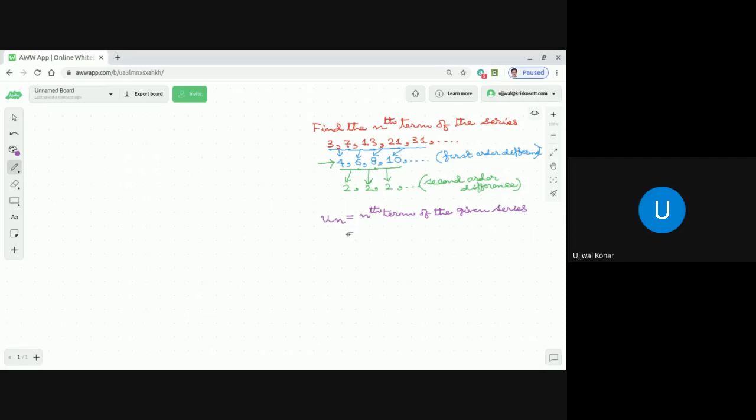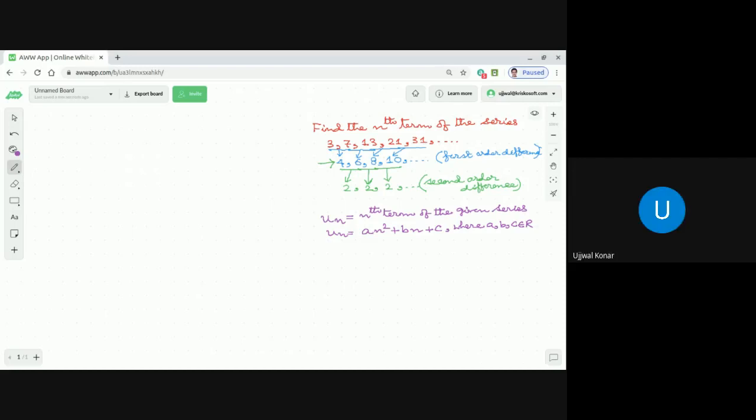That is equal to A into n square plus B into n plus C, where A, B, and C belong to the set of real numbers. So UN is equal to AN square plus BN plus C. A, B, C are real constants.